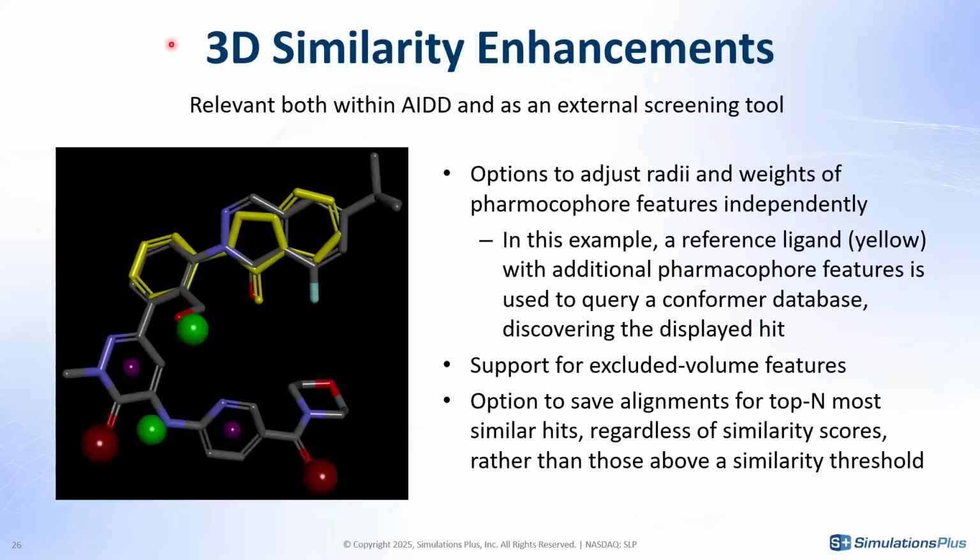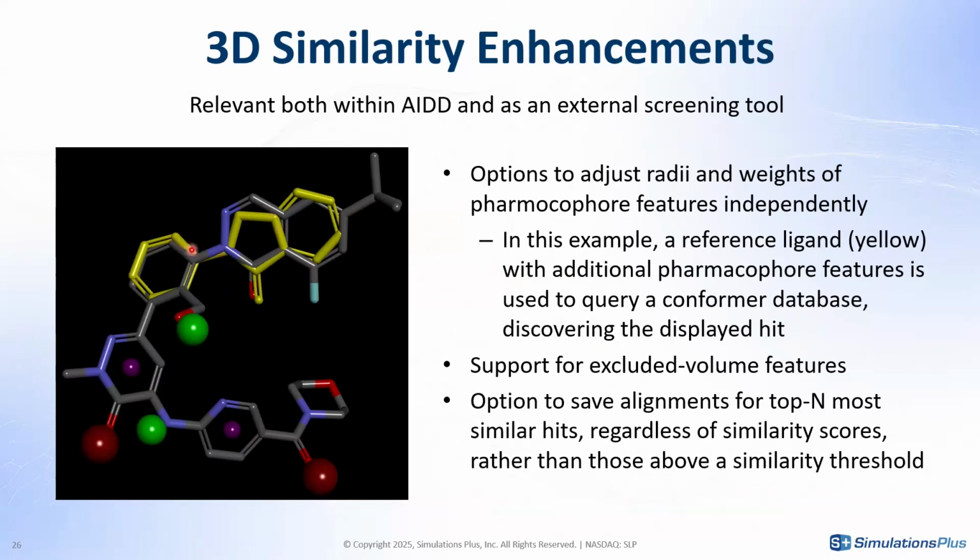And then some enhancements to the 3D similarity searching. This is relevant both within AIDD, but this tool can also be used to just search an external 3D conformer database, kind of like ROCS. So we've added options to adjust the radii and weights of pharmacophore features independently. There's a little example here where the reference structure that we're using to search the database consists of two things.